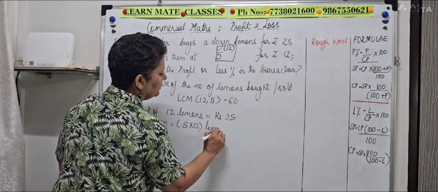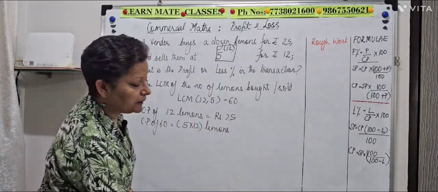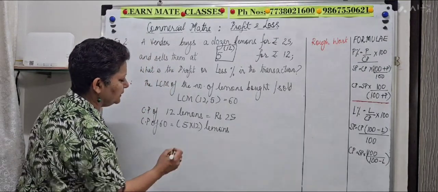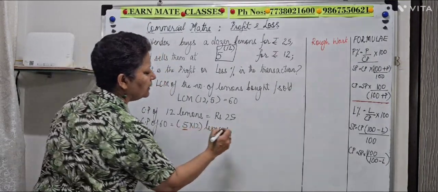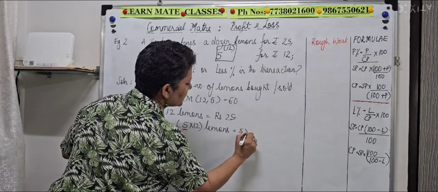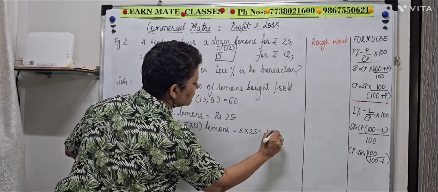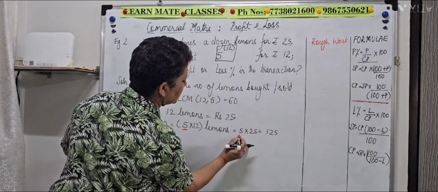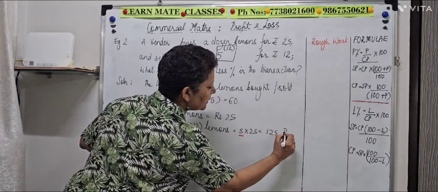Lemons is going to be, if I have multiplied with 5 on the left here, I will also need to multiply with 5 on the right here. So, it will be 5 into 25, which is going to give you 125. So, I have multiplied with 5 on either side. And what is my unit?